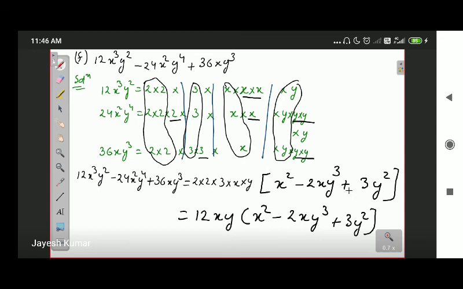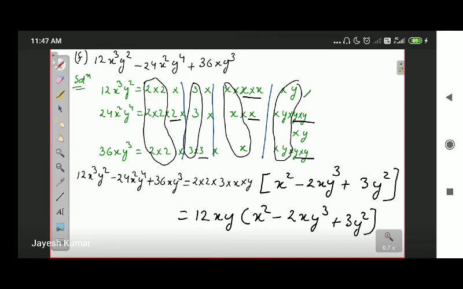Okay, let me check the answer for this one. This is exercise 6.7. We are doing question number 4, and yes, there is a slight mistake by me. This is y square. Is the y square taken as common? That was what I was worried about.